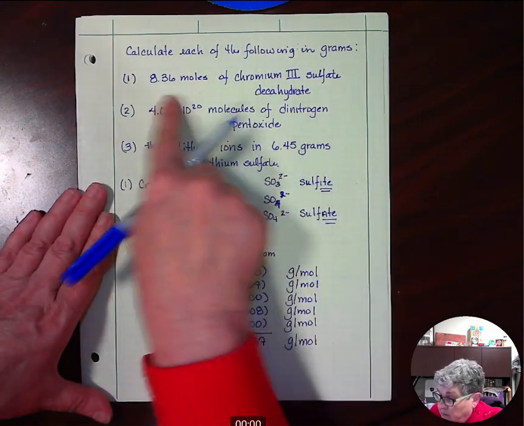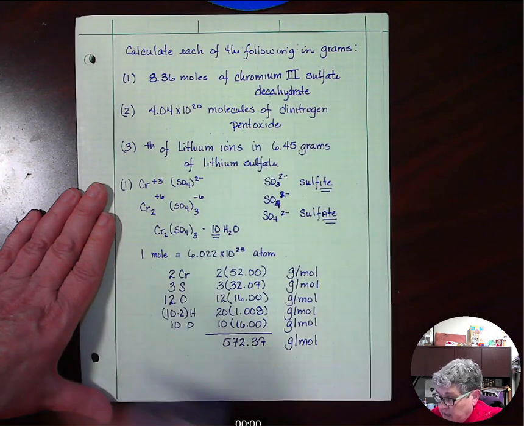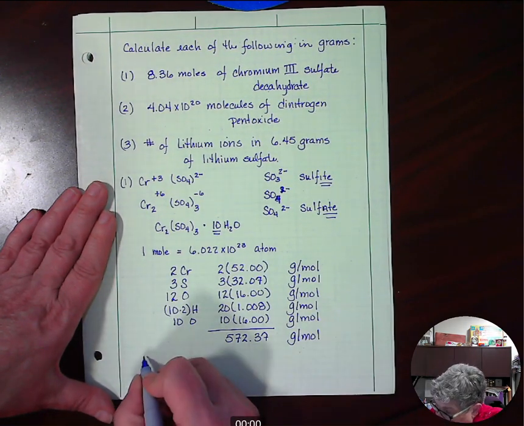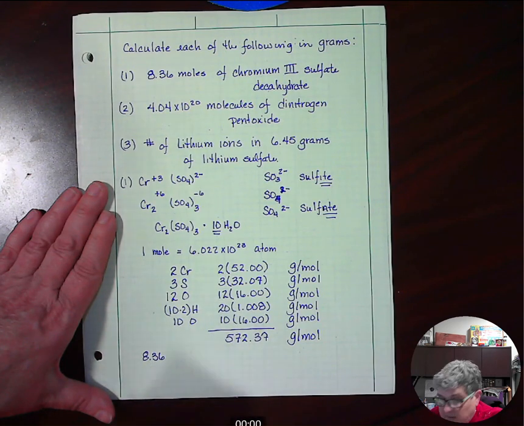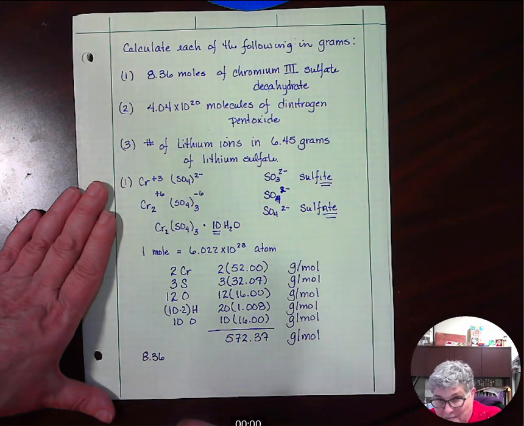So I have 8.63 moles of this material. So I'm going to do my 8.63, and it's not 63, it's 36. I read it backwards.